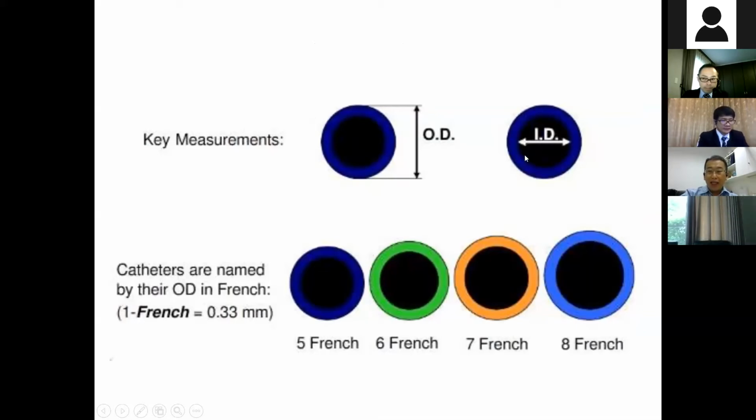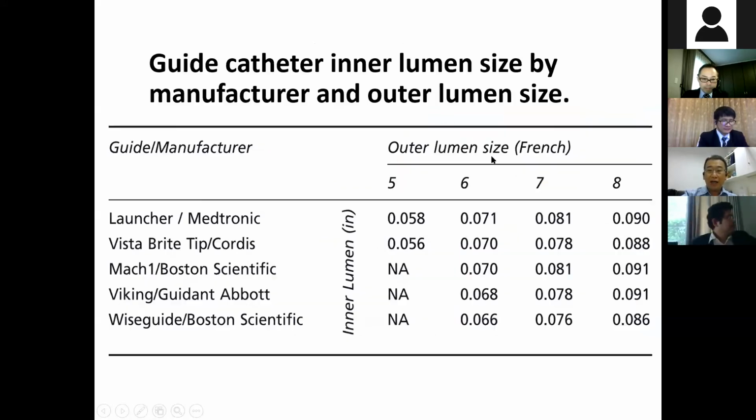The inner diameter may vary from the construction of the catheter. If you can make the wall thinner, you can get a bigger inner diameter. In the market, there are new generation catheters. You will have a bigger inner diameter in the same French size compared to the old version.